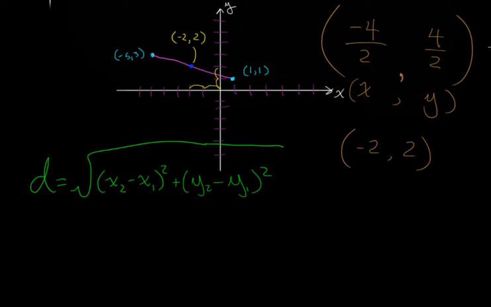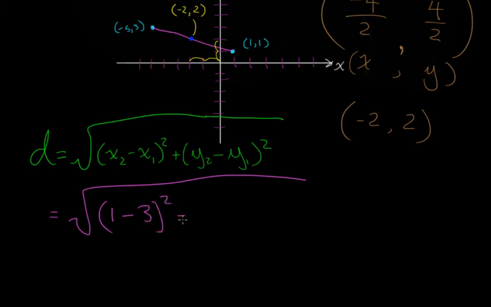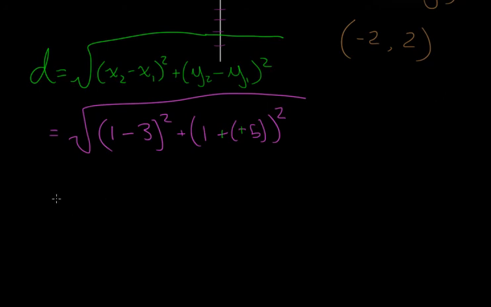Okay, so our points are negative 5, 3 and 1, 1. So 1 minus 3 squared plus 1 minus negative 5 squared. Minus a negative becomes plus a positive. So this is equal to 1 minus 3 is negative 2, plus 1 plus 5 is 6.